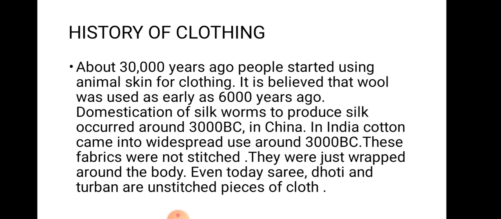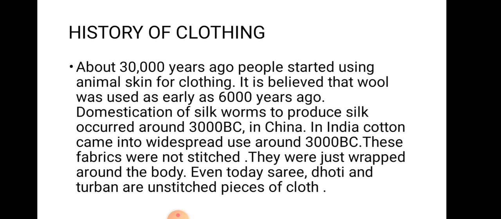About 30,000 years ago, people started using animal skin for clothing. It is believed that wool was used as early as 6,000 years ago. It means 6,000 years ago, people learned how to get the wool from sheep.